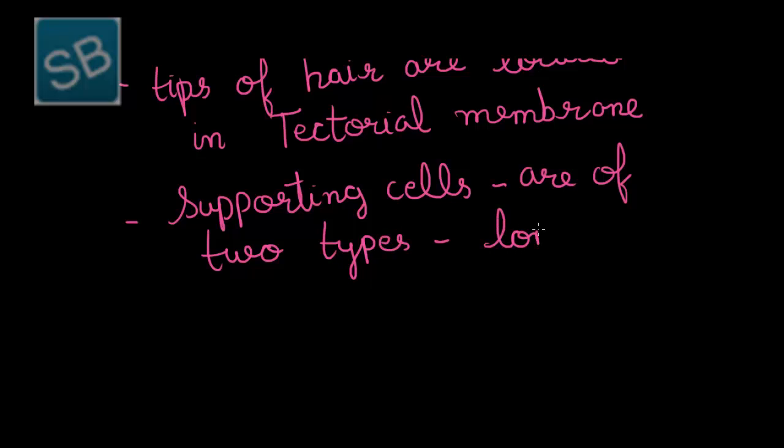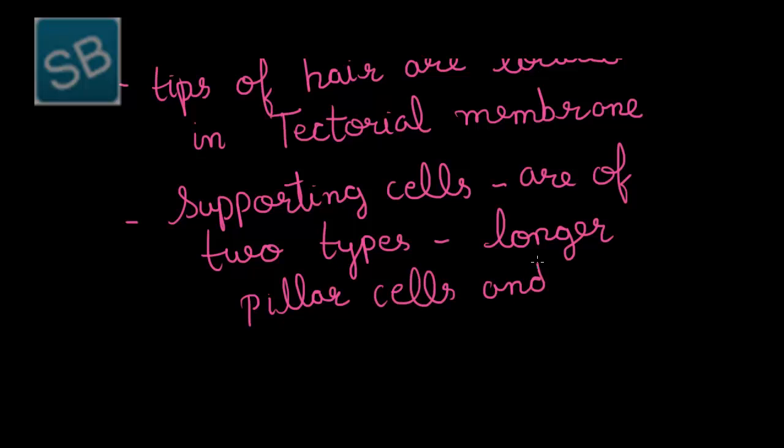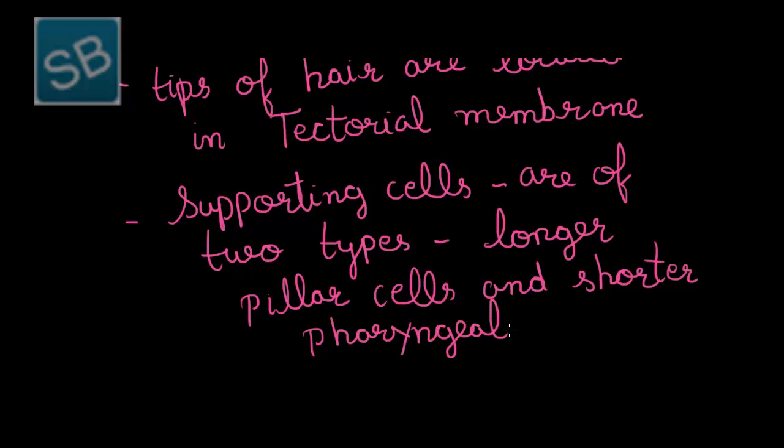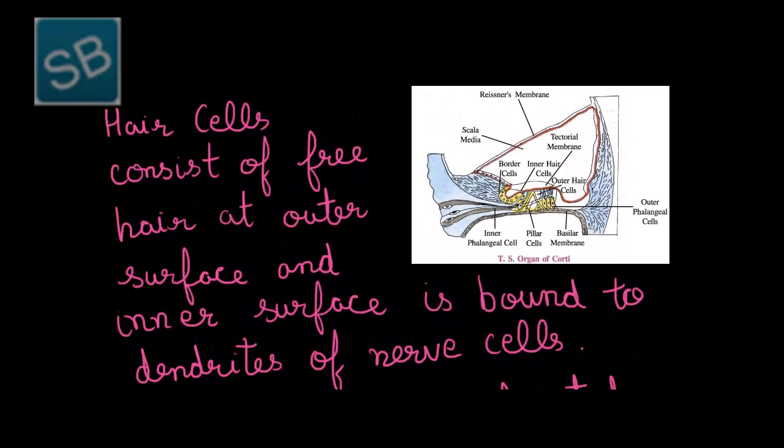First one is longer pillar cells, and the second is shorter pharyngeal cells. This figure depicts the structure of pharyngeal cells, both outer and inner portion, and the pillar cells, which are comparatively long. Thus, this was all about the structure of inner ear.